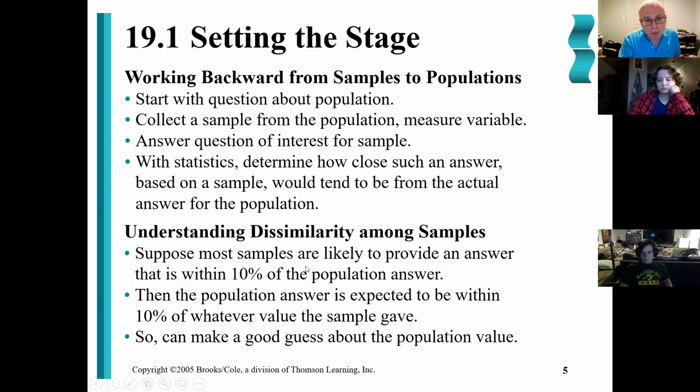So it says here, suppose most samples are likely to provide an answer that's within 10% of the population answer. Wouldn't we agree that we can reverse this concept and say the population answer must be within 10% of your sample value that you got, right? Yeah, it makes sense, right? If the sample value is within 10% of the population value, that sort of means that the population value is within 10% of the sample value.